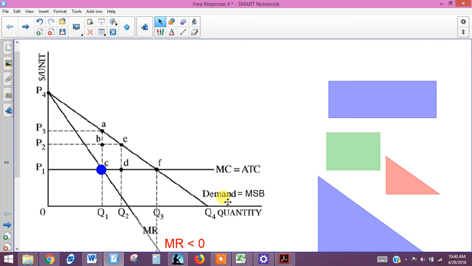And the price is going to be moving up from here to the demand curve right here, and then over to the price, which is P3. Okay, that's going to be the profit maximizing price. So now, what is the profit? What is the area that identifies the profit?